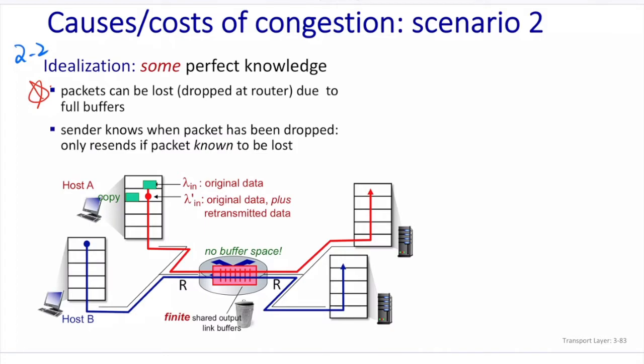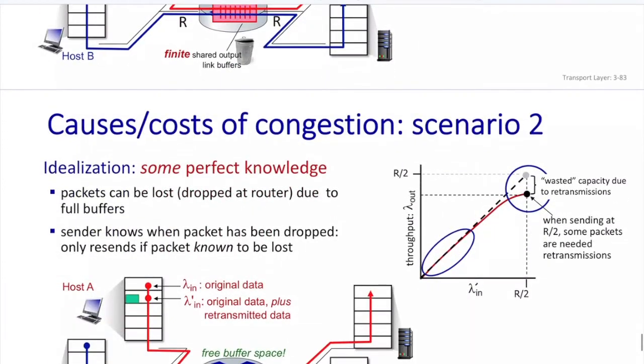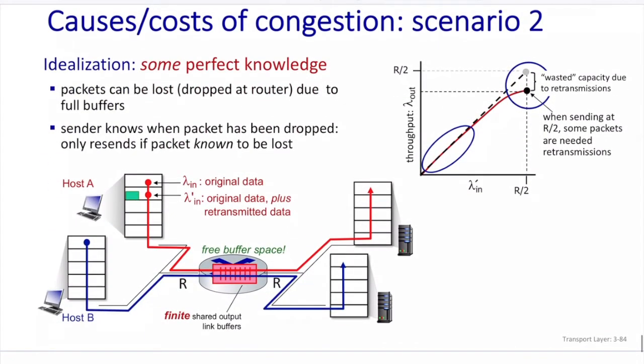Okay, so again, that means the router might drop the packet. But A magically knows which packet should be retransmitted. So in this case, again, let's take a look at it.